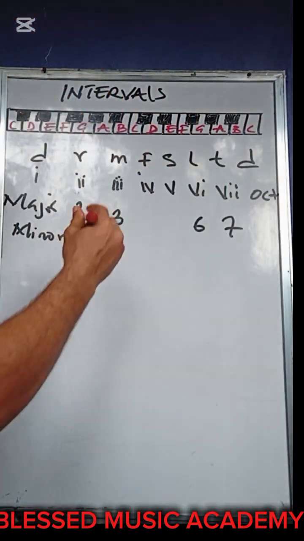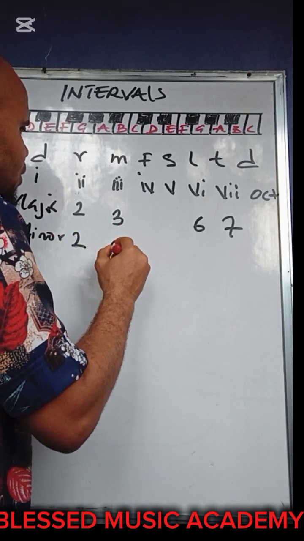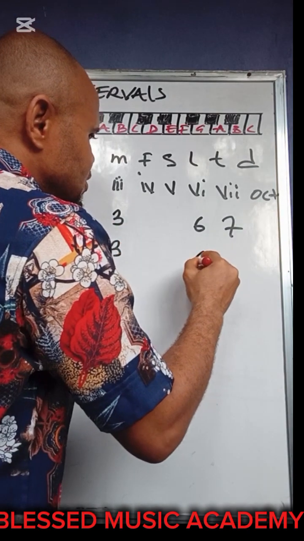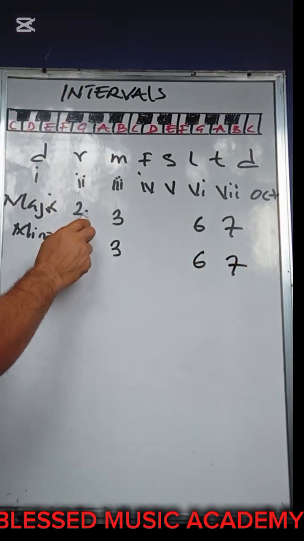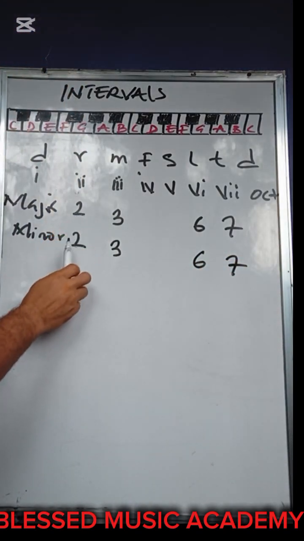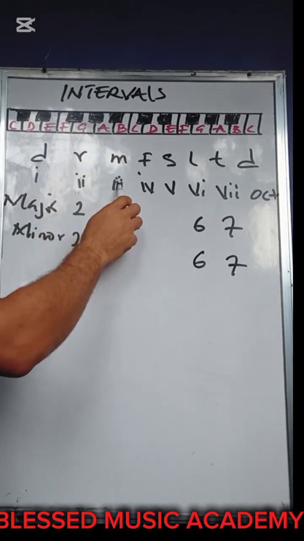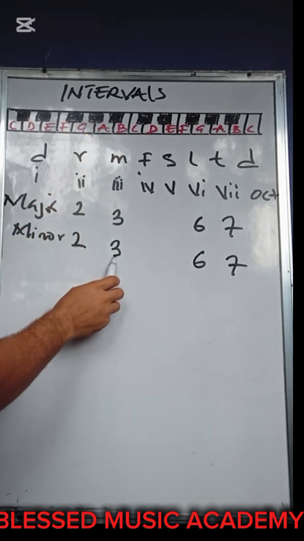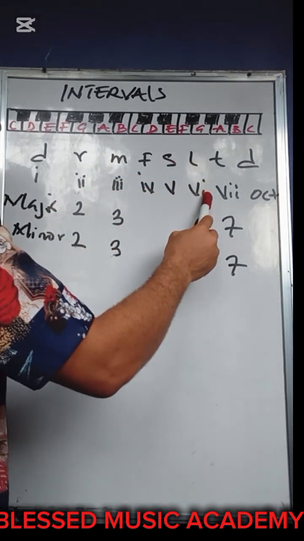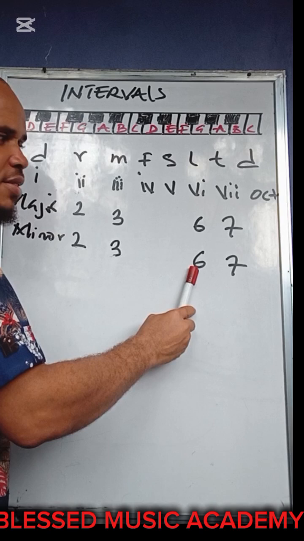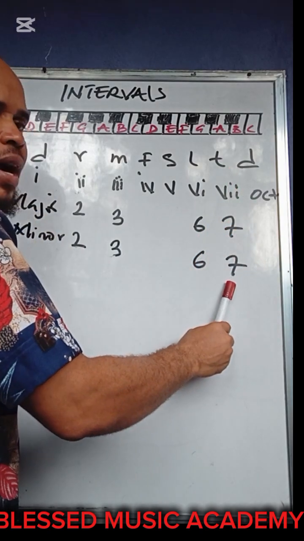I will demonstrate that. So a minor interval can only be minor second, minor third, minor sixth, and minor seventh. When you lower a major second, it gives you a minor second. When you lower a major third, it gives you a minor third. When you lower a major sixth, it gives you a minor sixth. When you lower a major seventh, it gives you a minor seventh.